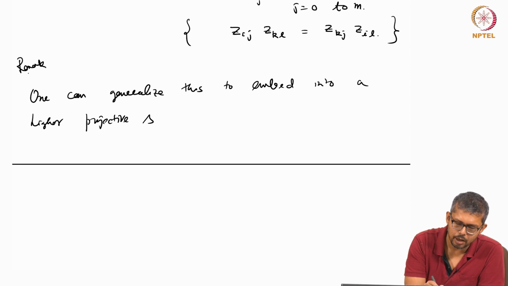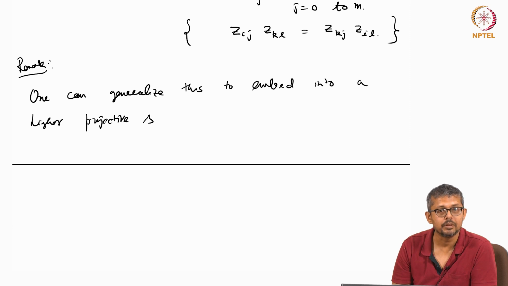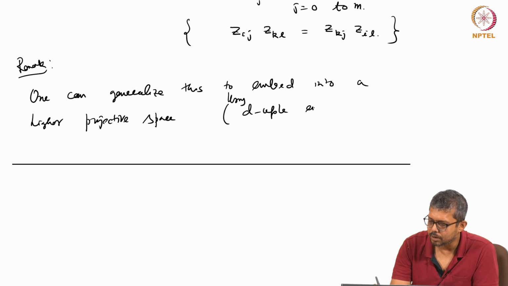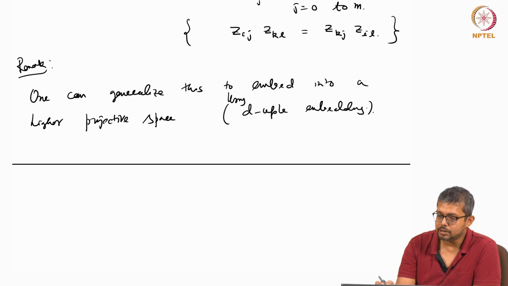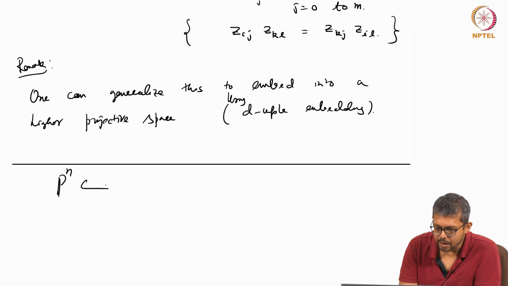Maybe I'll give it as an assignment problem, the d-uple embedding. This is just a generalization of this to a higher projective space. That is because once you have projective space Pn, I can put it into some higher space.